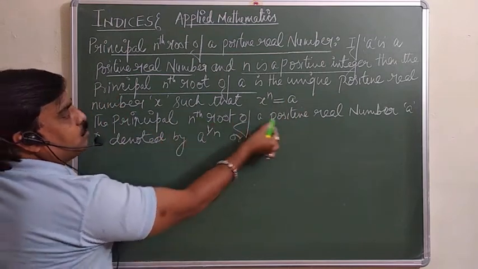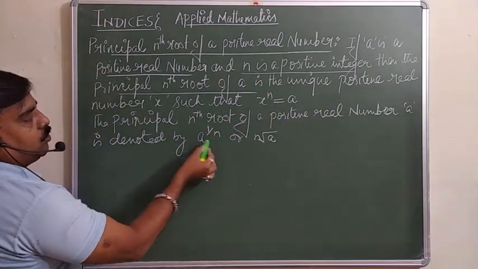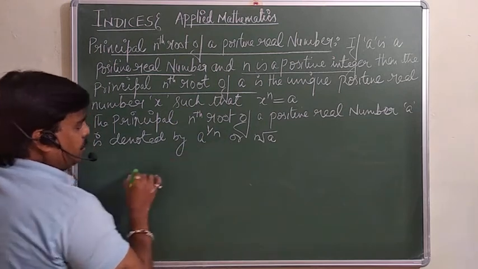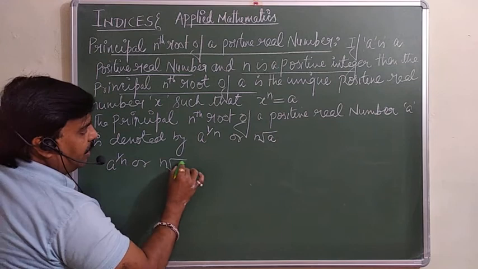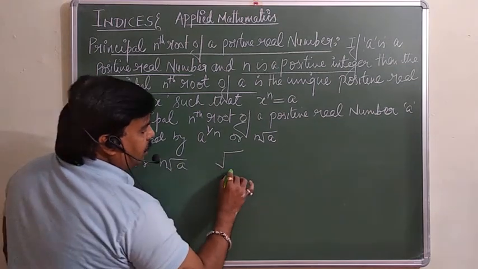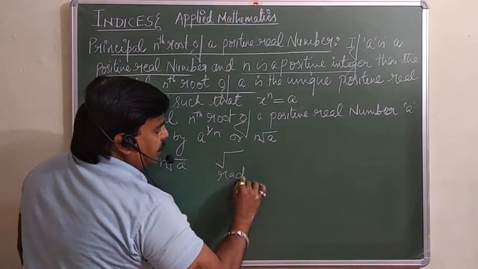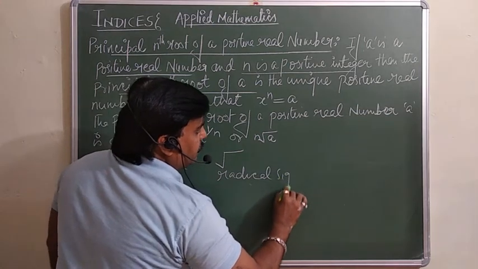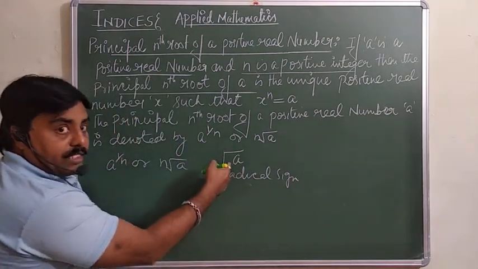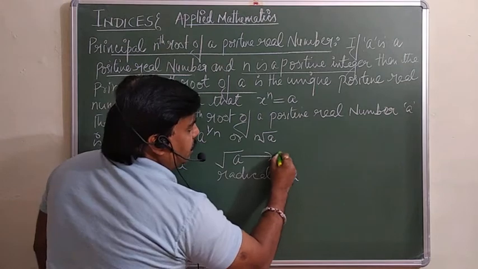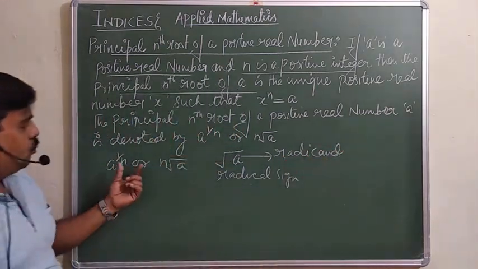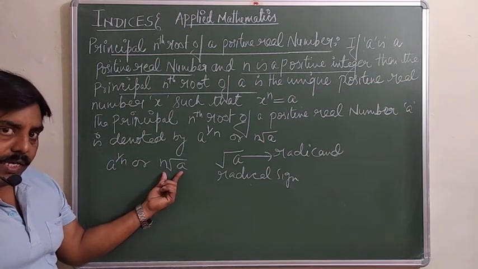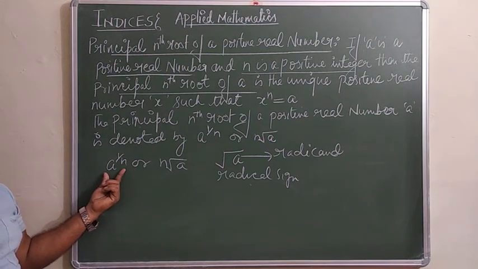The principal nth root of a positive real number is denoted by a raised to power 1 over n, or we write nth root of a. This sign is known as a radical sign, and the value given inside the radical sign is known as the radicand. So the nth root can be written either this way, or as a raised to power 1 over n.